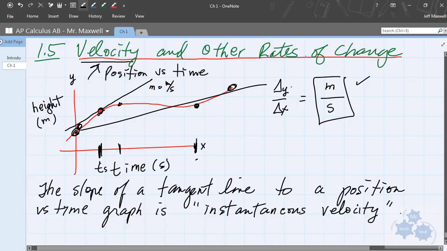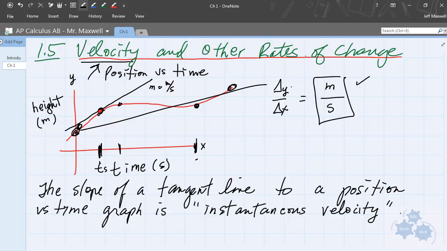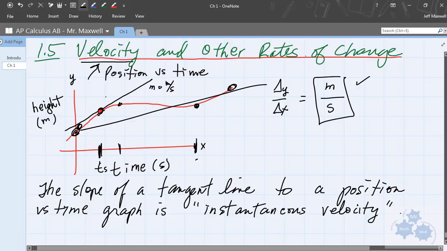You're going to be going 0 sometimes, then you speed up to 100 maybe, then you slow down, speed up again, slow down and stop. So that's the average over the whole trip. But at any point on the graph, you are going to be going some sort of velocity.